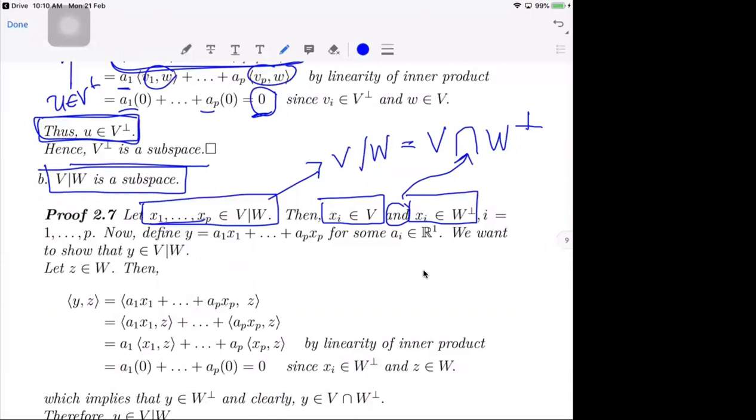Okay? So now you define a new vector y, which is a linear combination of the vectors in V intersect W perp, for some constants a_i. We want to show that this y is in V intersect W perp.